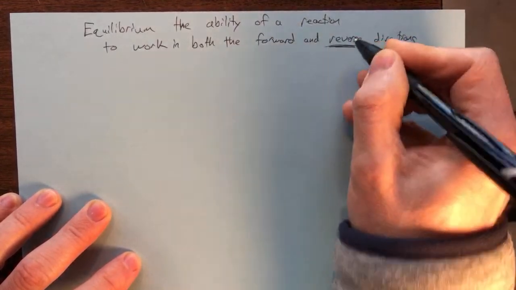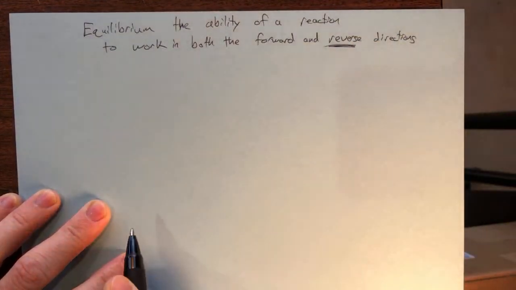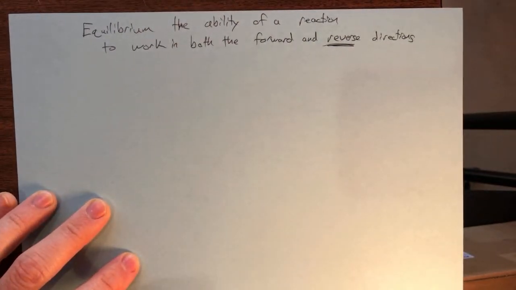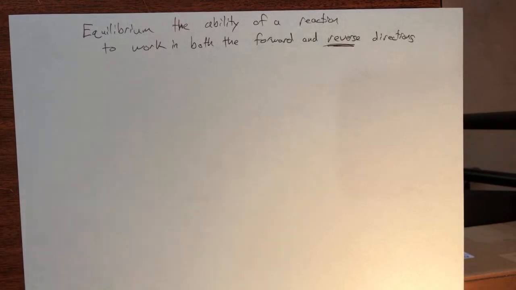Technically, equilibrium is the point at which the forward and reverse directions occur at the same rate. But this whole concept of reverse and forward is probably a little bit new to you guys. And so we're going to look at one specific equilibrium. This is the only equilibrium that we care about right now.